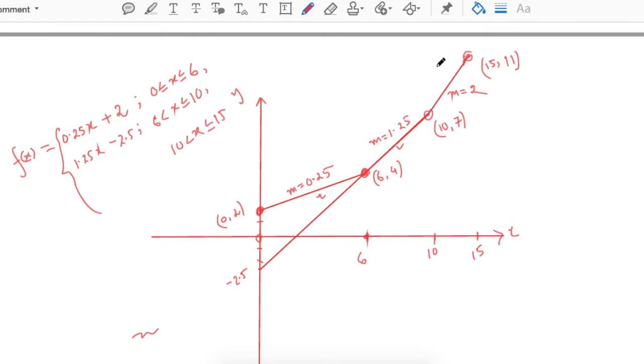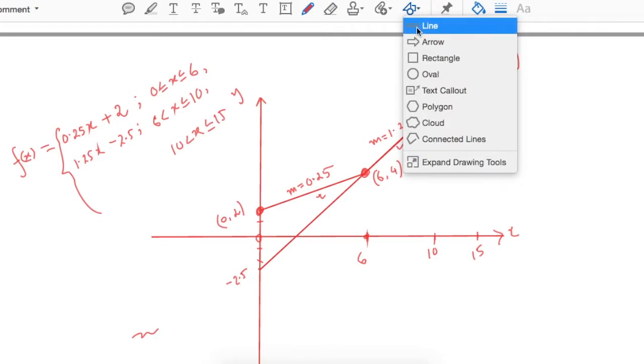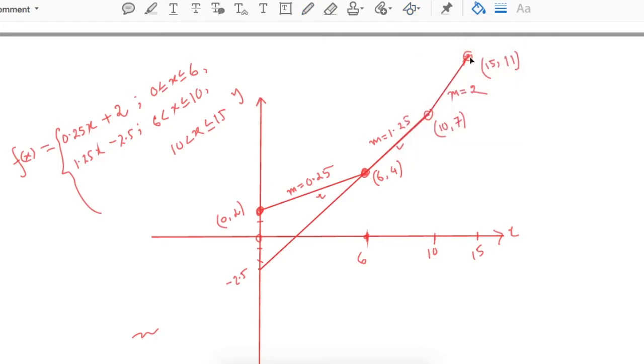So if we extend this line back, it will cut the y-axis, let's say at this point, and the value of y, what will it approximate to?